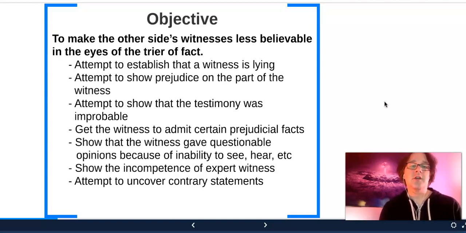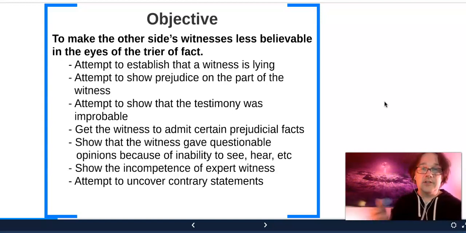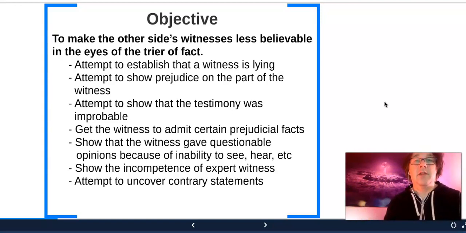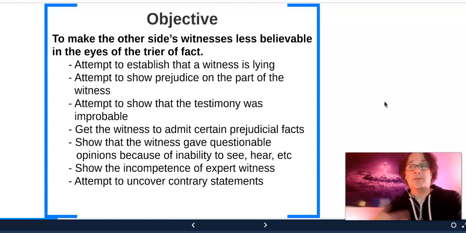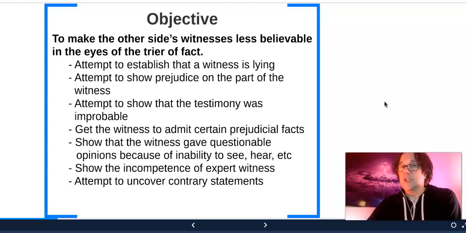Also, we could try to show that the witness gave questionable opinions because of their inability to see or to hear, and that doesn't have to necessarily be a disability, but maybe it was just really dark outside. There was no light. So how could they possibly have seen anything? Maybe they were listening to music with their headphones on.